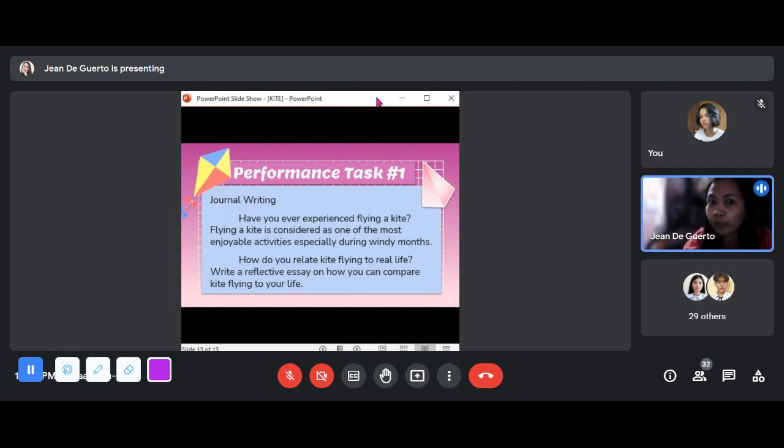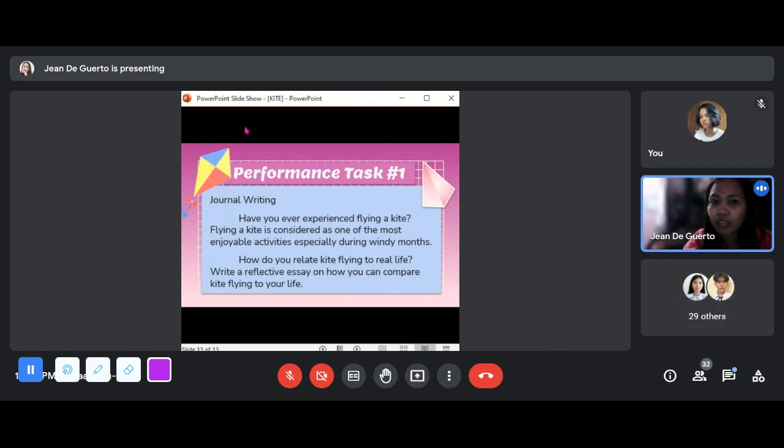So basically, pare-pareho kayo ng scores. Nagkakaroon lang ng minus points yung iba kasi nalilate ng submission. So kung ilang araw kang na-late sa pag-submit, yun din yung number of points na mababawas doon sa highest possible score.